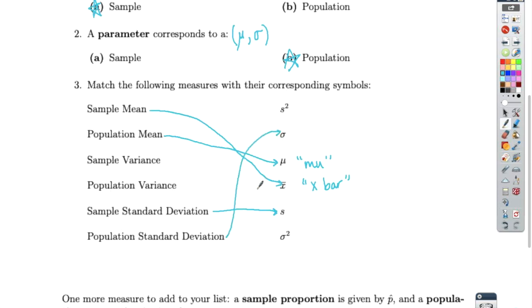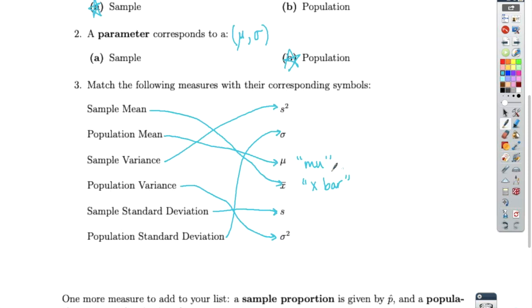The population standard deviation is sigma. The population variance and the sample variance are very related to the standard deviation. They're just the square of those values. So the sample variance goes with S squared, and the population variance, because again we use Greek letters for these, is sigma squared.